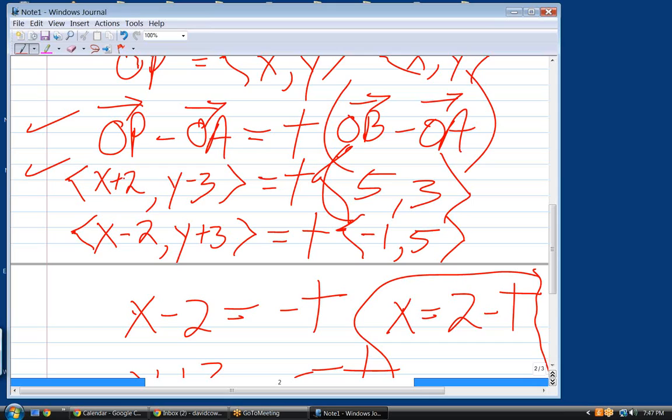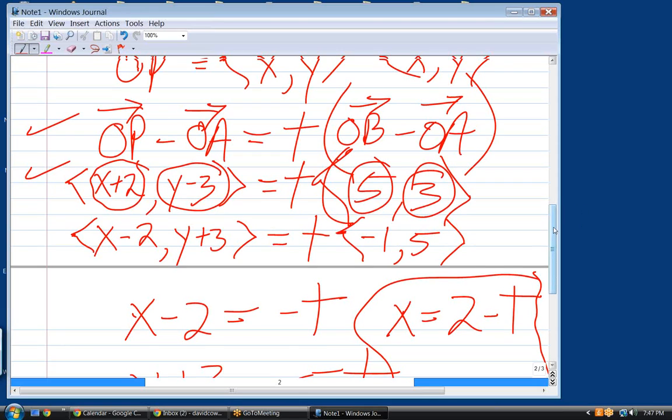And then we just fill in what we know. OP is x, OA is 2, minus 2. So OP minus OA gives you this for the x, this for the y. OB minus OA gives you that for the x, that for the y. And then you go from there. The real key is introducing OP with coordinates x comma y.